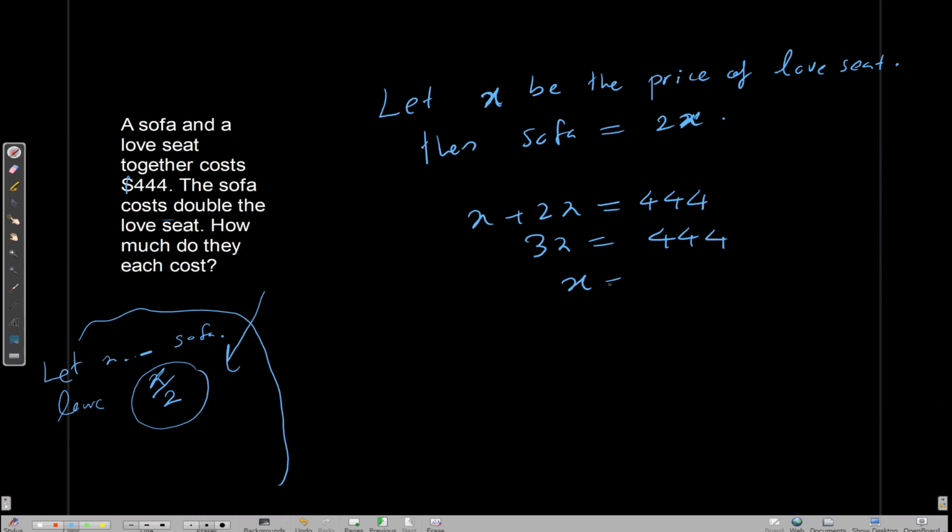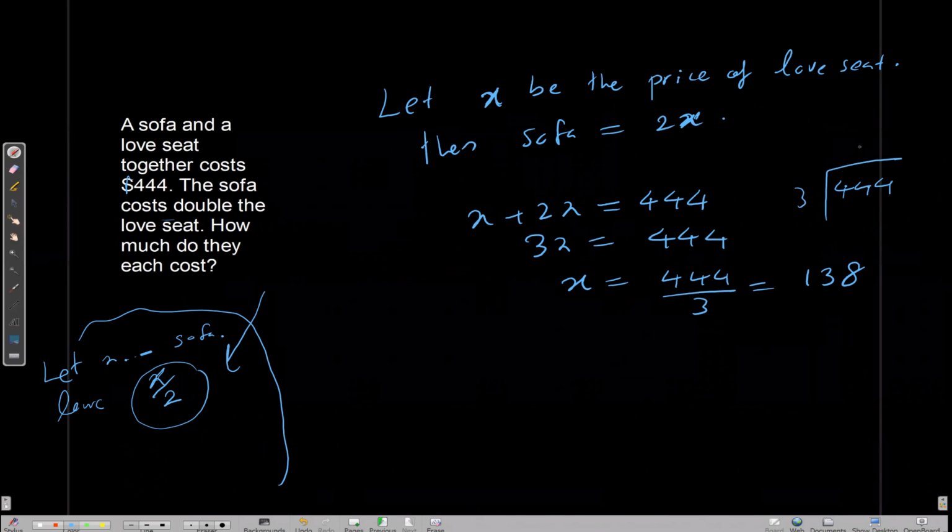So x, when you divide this by 3, 444 over 3, you can do it like this. 3 into 444, that gives 148.